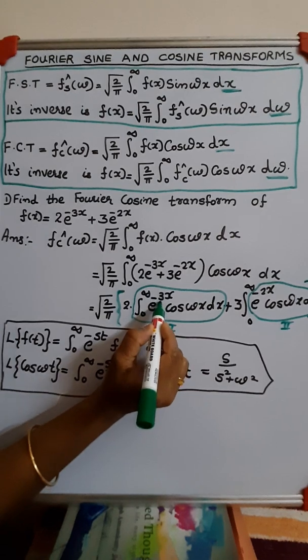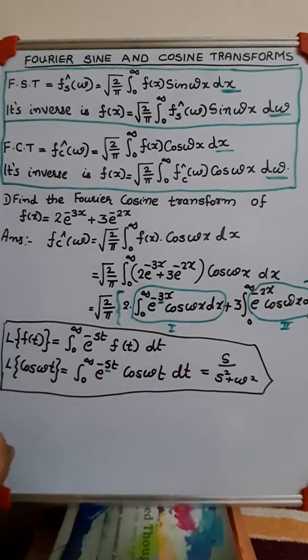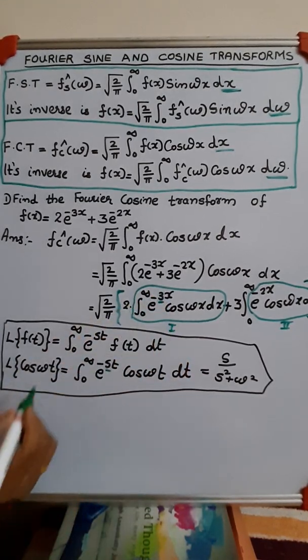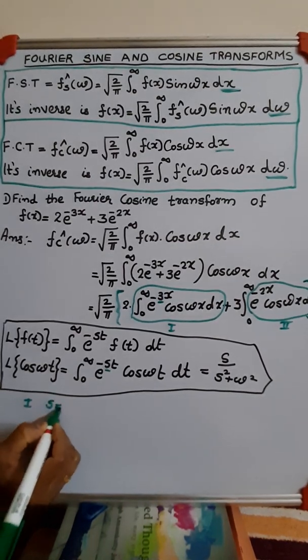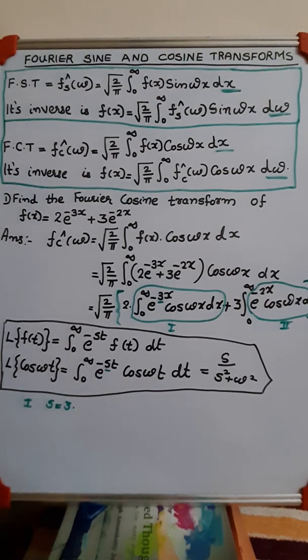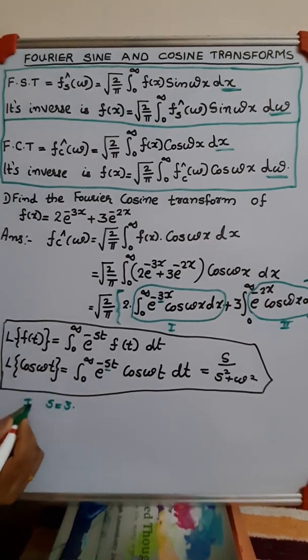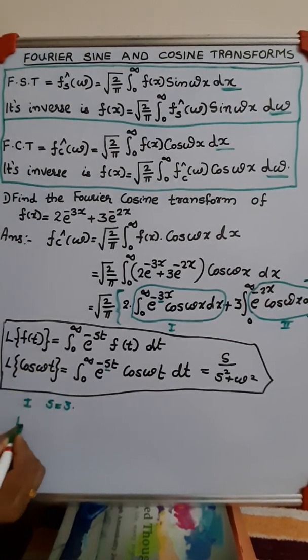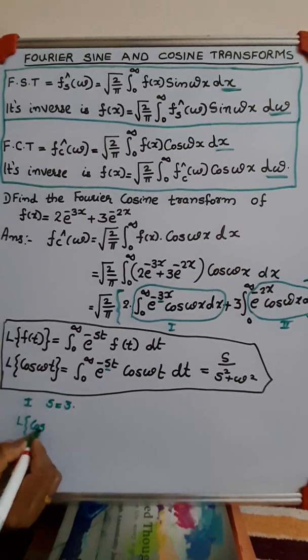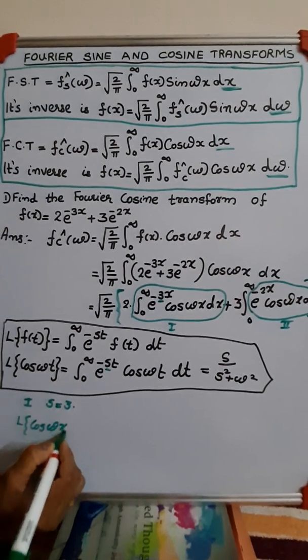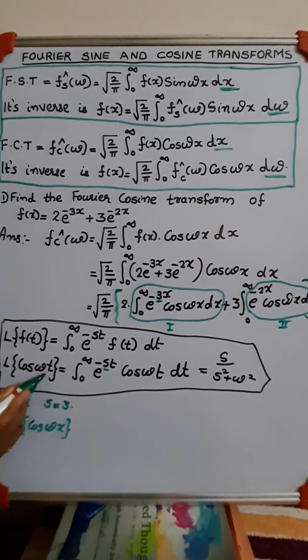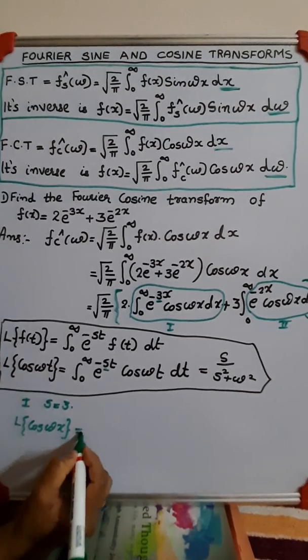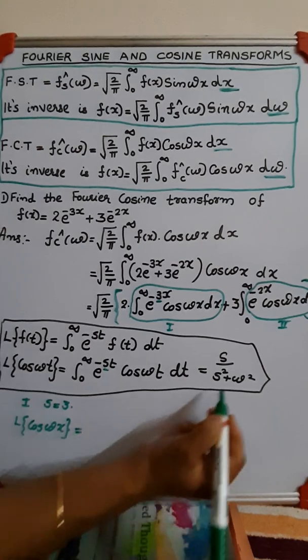But here we have a value for s. What is the value of s for the first case? s is equal to 3. That means the first integral can be written as the Laplace transform of cos omega x, which is the same as the Laplace transform of cos omega t. This is s divided by s square plus omega square.